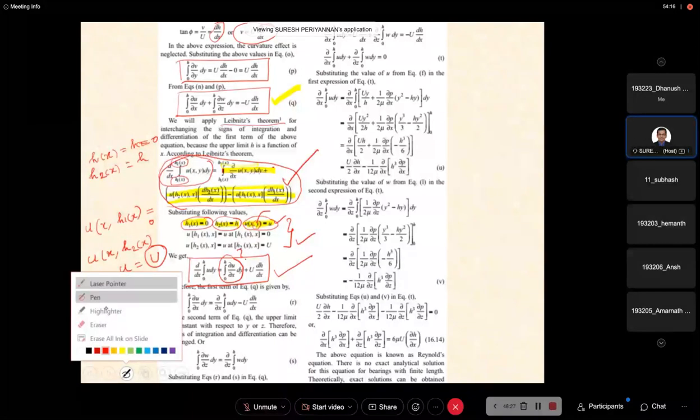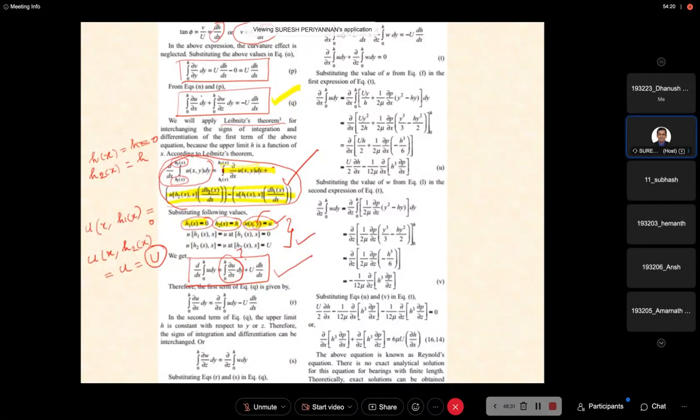In this equation, this is our unknown value, because w we have already found, but now we would like to find u, which is a function of x comma y. That's what we are using here.